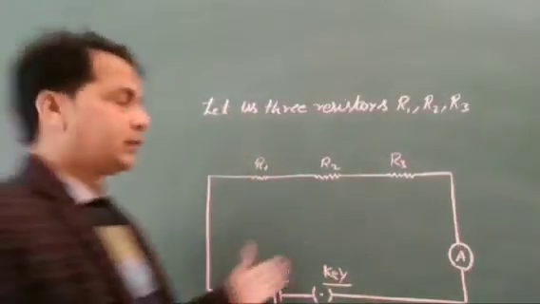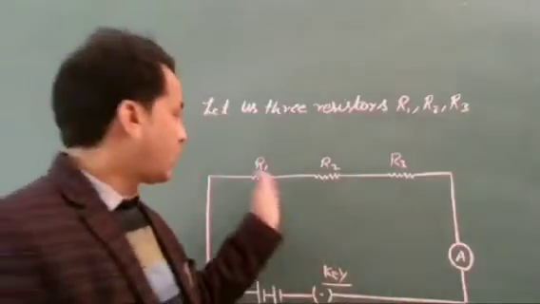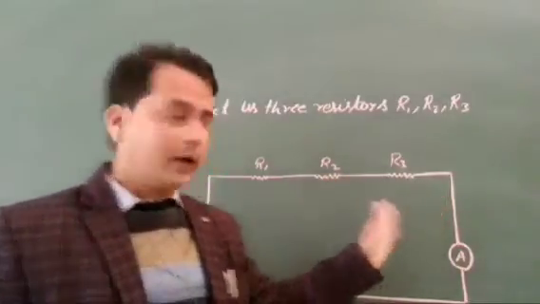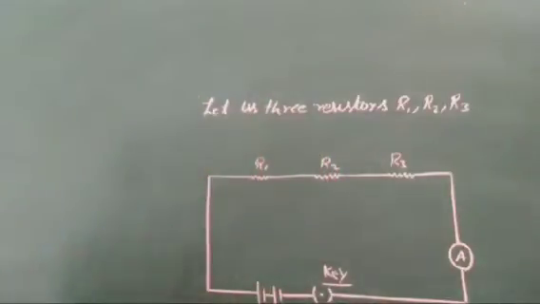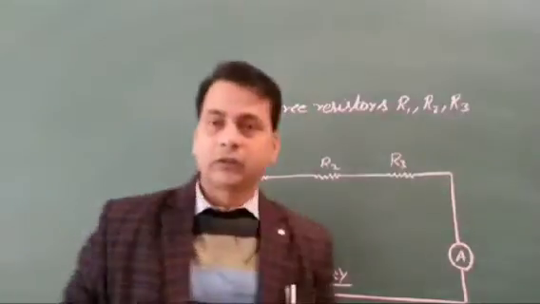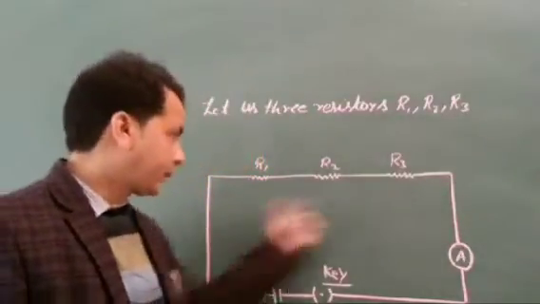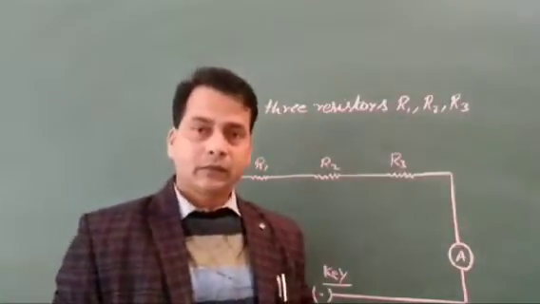Here is the circuit, and there are 3 resistors R1, R2 and R3, also connected to the ammeter, battery and key. When the key is closed, current flows through the resistors.